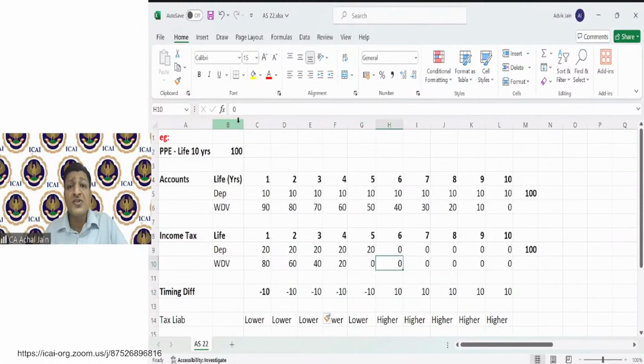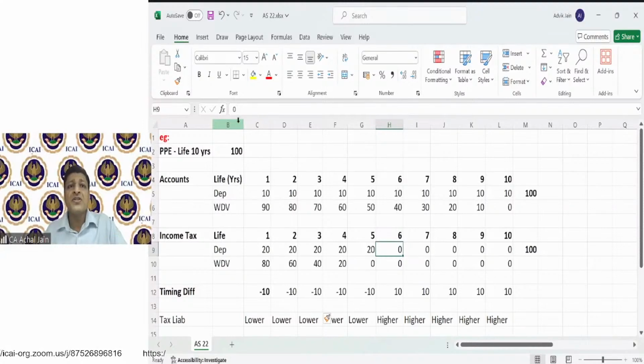Now, if you go to the sixth year, there is a change in this trend. What do you find? That in the books, depreciation for this asset is taken as rupees 10, but under income tax, now the amount of depreciation is 0.